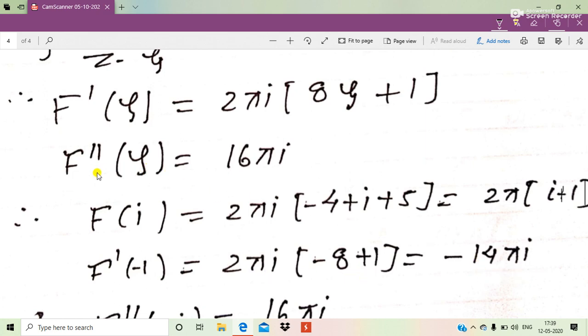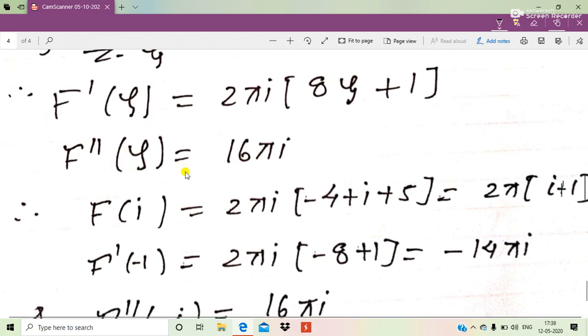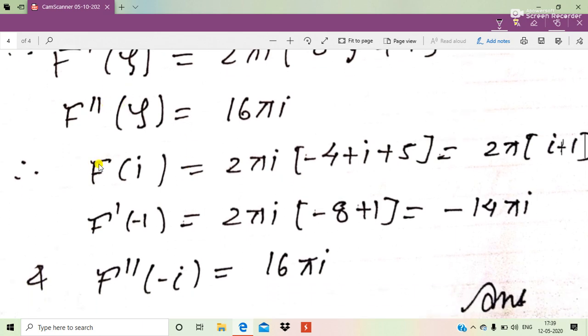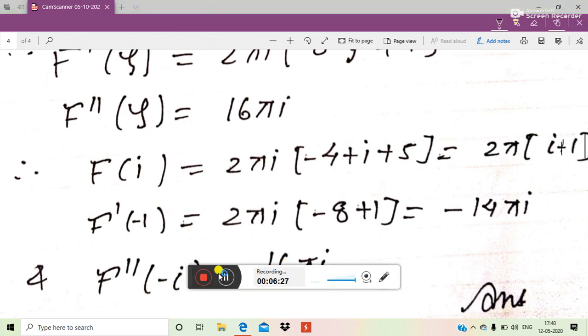Now, since the value of f double dash of zeta is 16 pi i, to find f double dash of minus i, we put zeta as minus i, and since the right hand side is constant, free from zeta, the value of f double dash of minus i is equal to 16 pi i. So we have found all the values. So this is the question. Thank you.